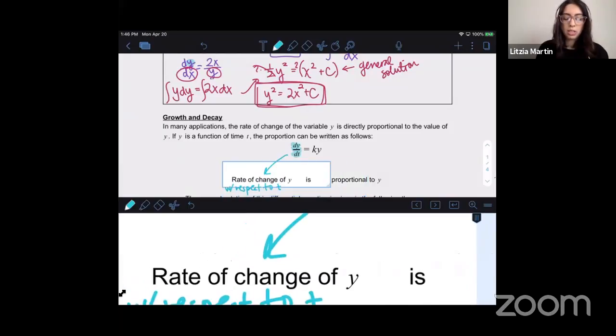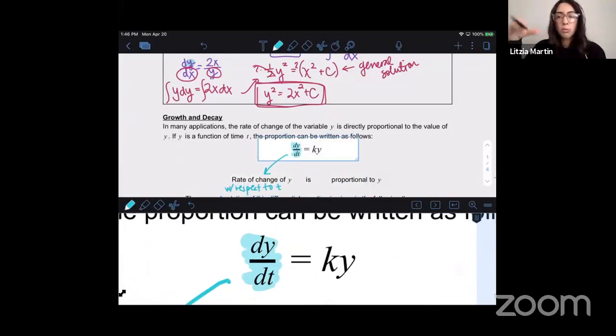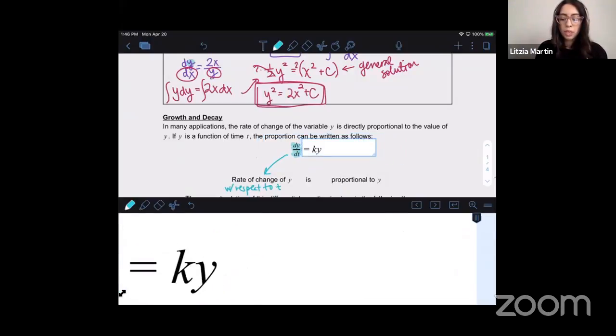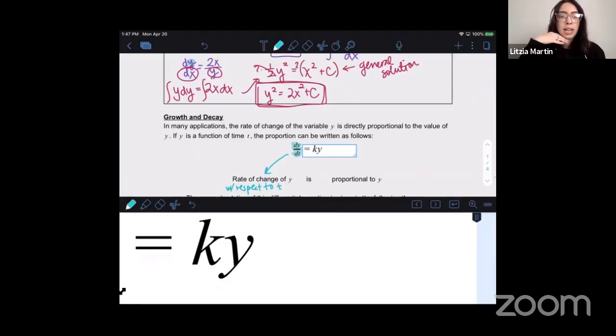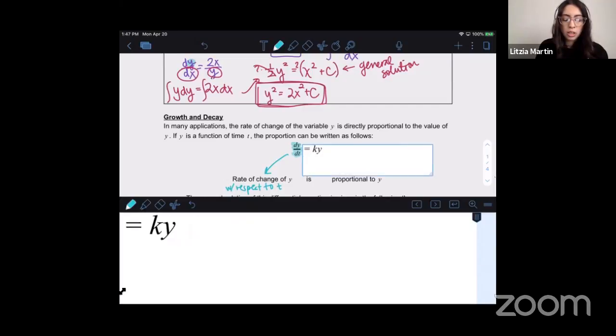So that is what represents the rate of change, and that rate of change is equal to k times y.